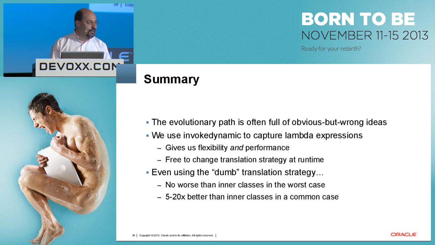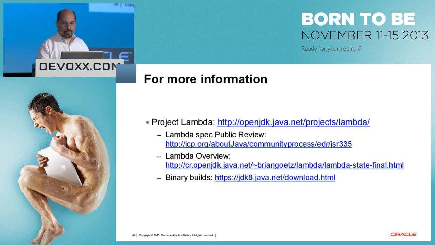In this particular case, the actually good idea was using invokedynamic to embed a declarative recipe for how to make a Lambda in the bytecode without embedding the details for how to do that. And this gives us flexibility, and it gives us performance. And like I said, even using the stupid strategy, we are as good as or better than inner classes out of the gate, and there's room to improve in the future.